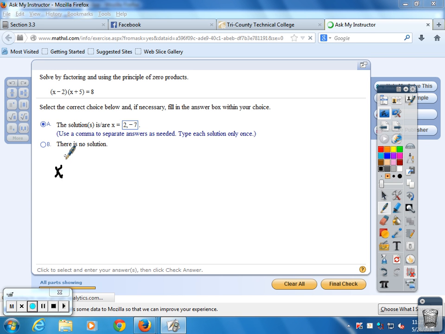X squared plus 3x minus 10 is equal to 8. And what am I going to do with that 8? Bring it over and combine with that negative 10, that'd be what, negative 18?